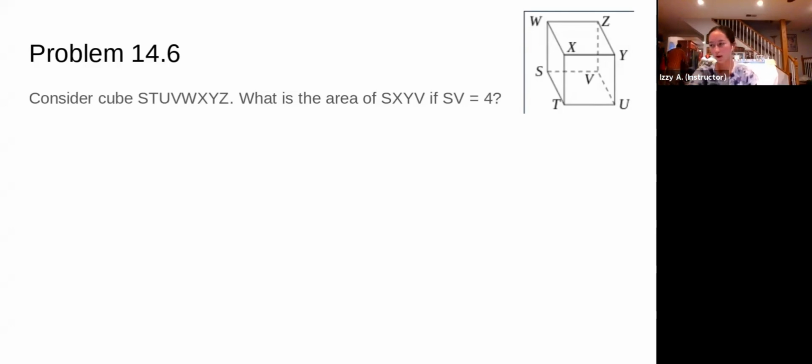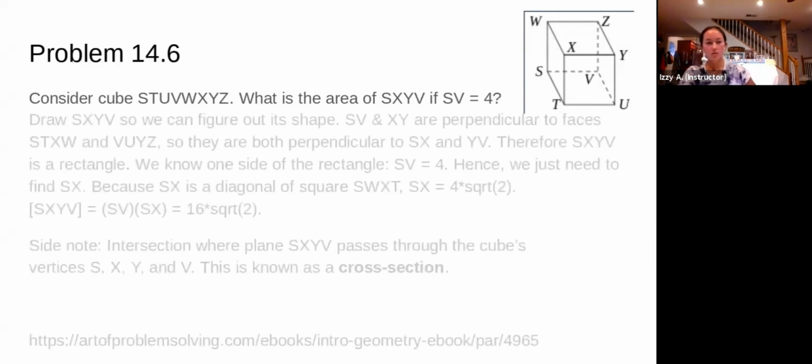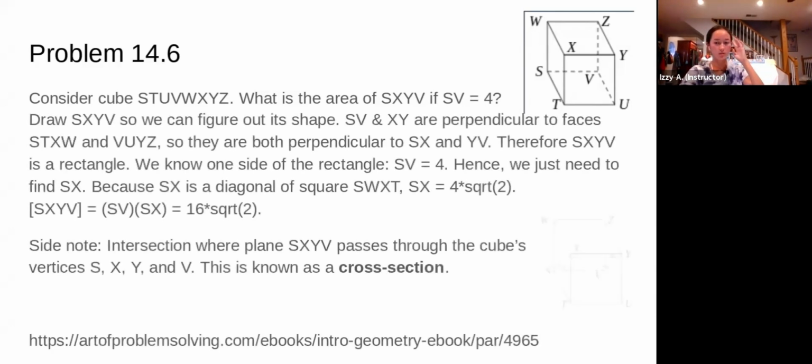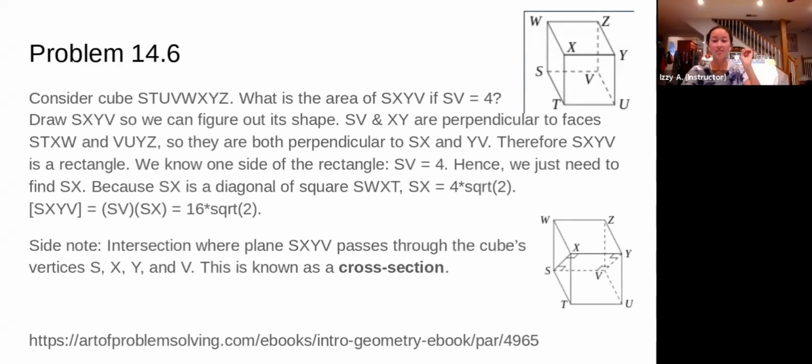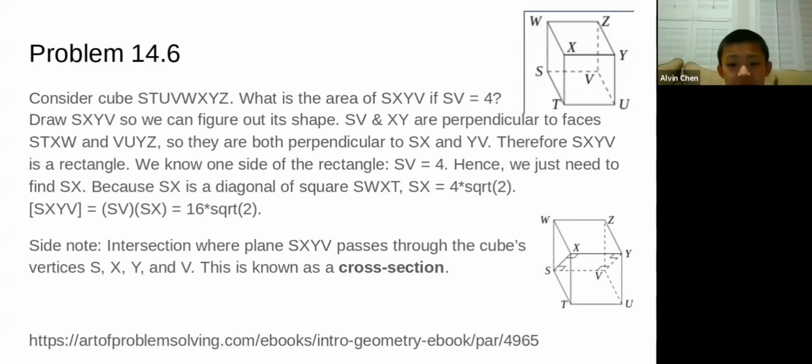Okay, I will go ahead and go over this problem. I would like to volunteer to explain the question. Okay. So SXYV should be a rectangle, so its area is SX times XY.